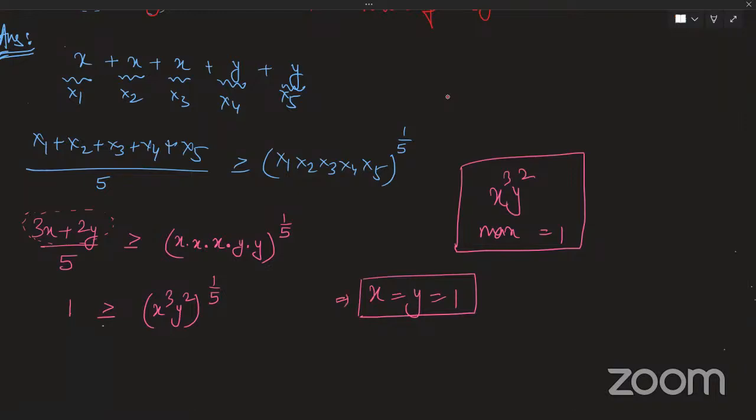So if my AM and GM are equal, so my arithmetic mean is equal to my geometric mean, and that value is equal to my observations, right?